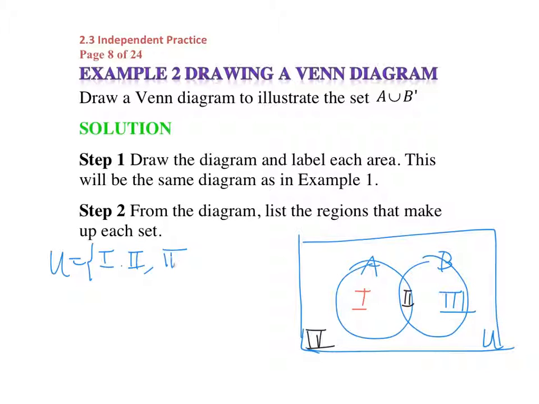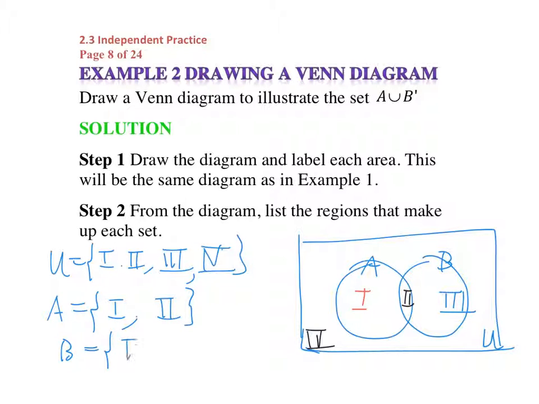It has everybody, all 4 regions in there. And then set A, as we said, includes region 1 and region 2, and set B includes region 2 and region 3. So keep this in mind, and then let's move on to the next one.